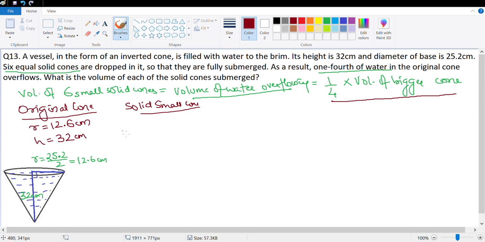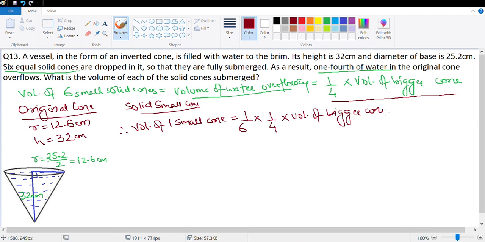Therefore, the volume of 6 is this much. Volume of 1 will be this volume divided by 6. So volume of one small cone is equal to 1/6 this volume, which is 1 by 6 into 1 by 4 into volume of bigger cone. Let's substitute values.